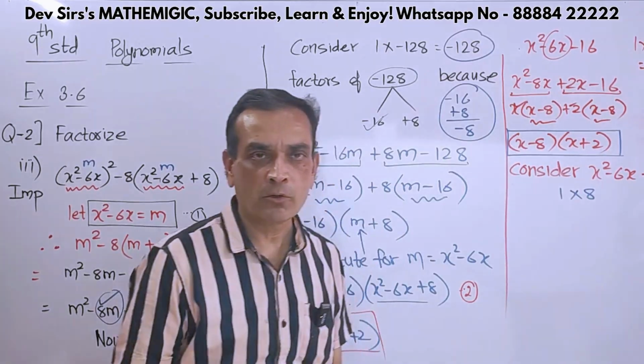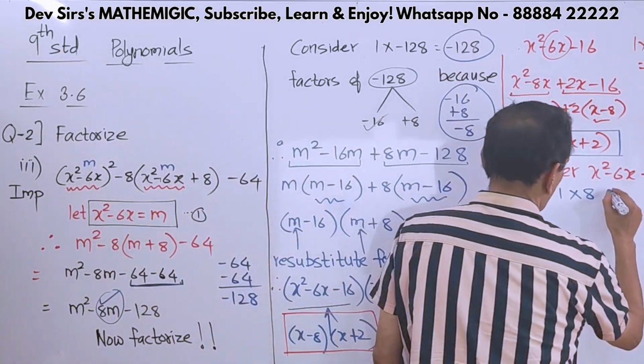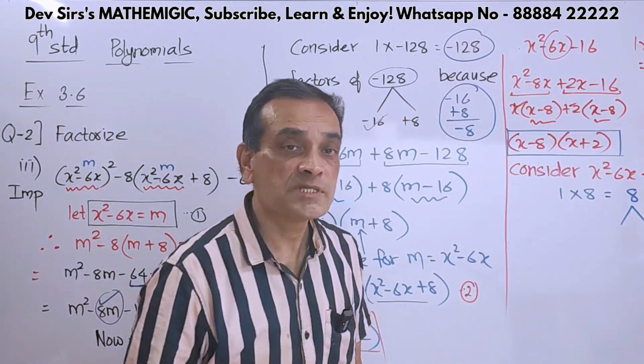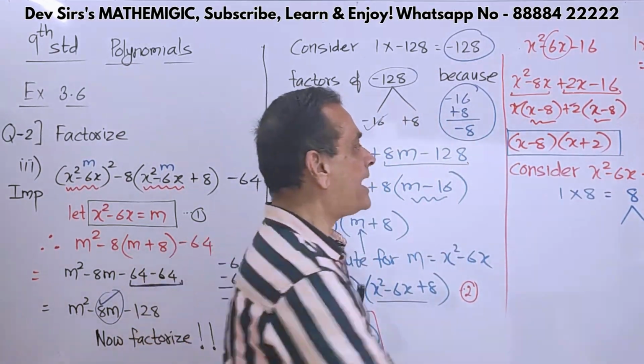It is not negative now. So 1 into 8 is 8. Now factors of 8 whose sum is minus 6.